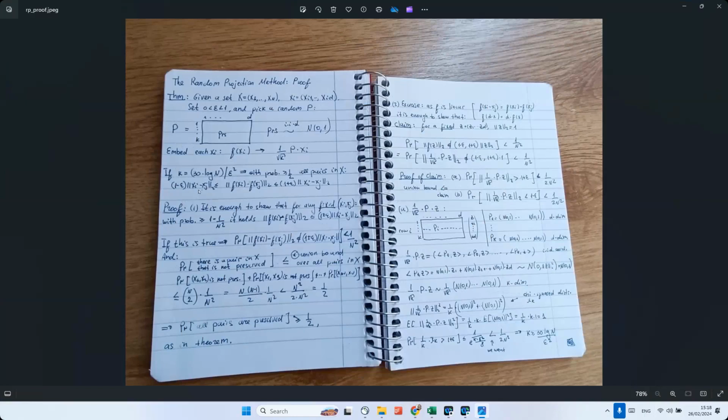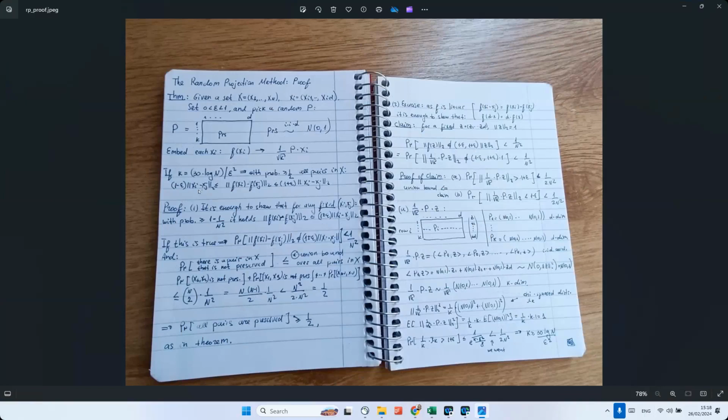And the number of such pairs is n choose 2. If we do the algebra, we compute what is written here: n times n minus 1 over 2 times 1 over n squared, which is smaller than, because n times n minus 1 is smaller than n times n, which is n squared, 1 over 2 times n squared times n squared, half. So by the union bound, if the probability of one pair to be not preserved is very small, then the probability that there is some pair which is not preserved is at most half.